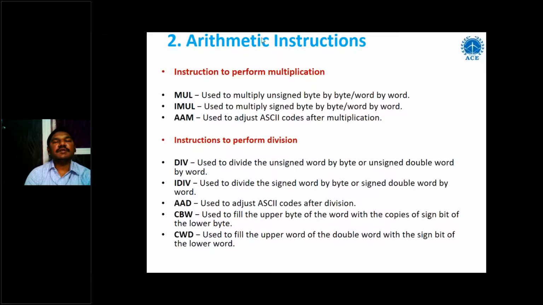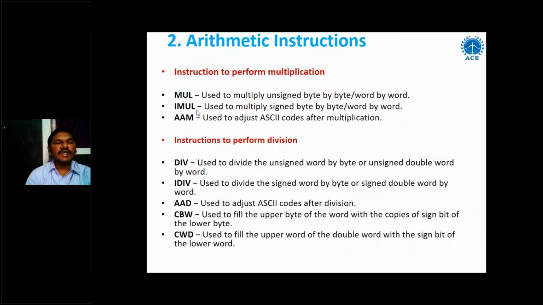The arithmetic instructions are also used to perform multiplication and division. Why I'm explaining multiplication and division here is that they have separate syntax. Multiplication of unsigned numbers is MUL.